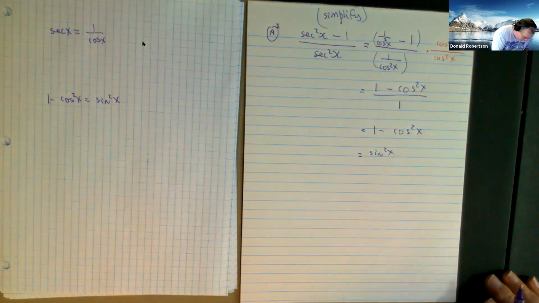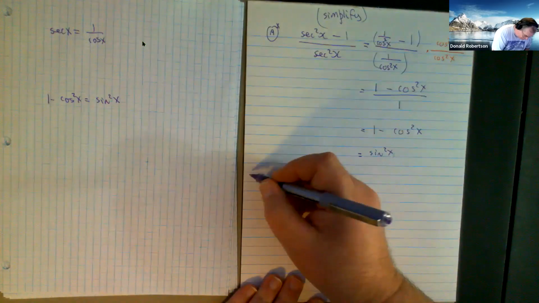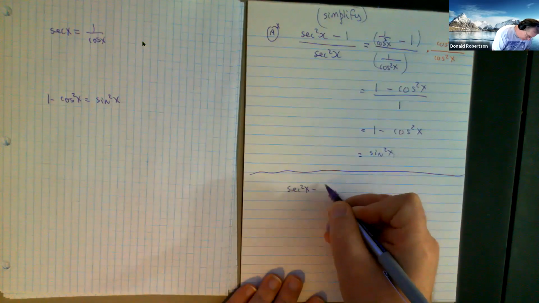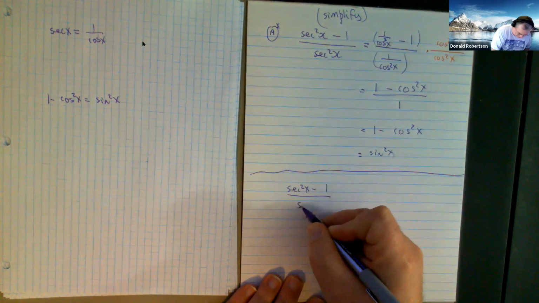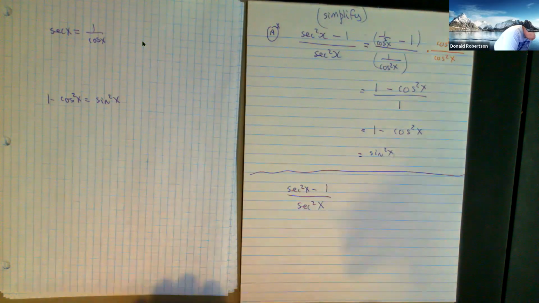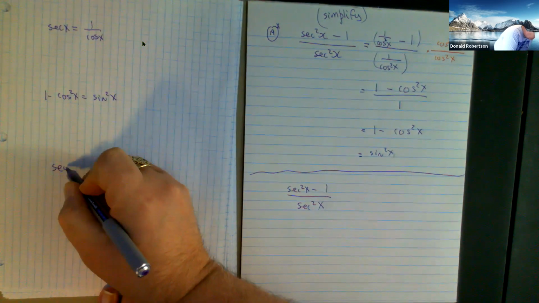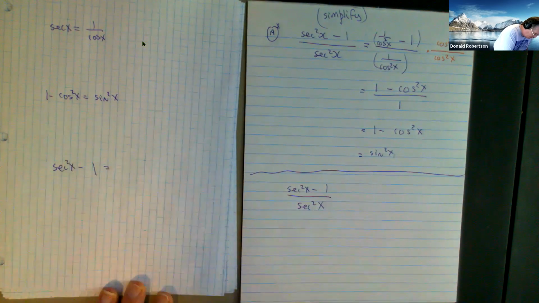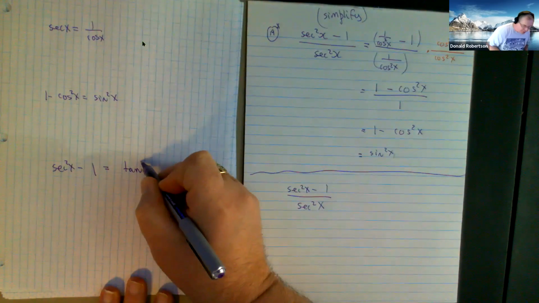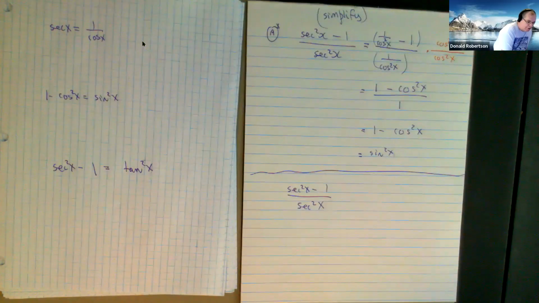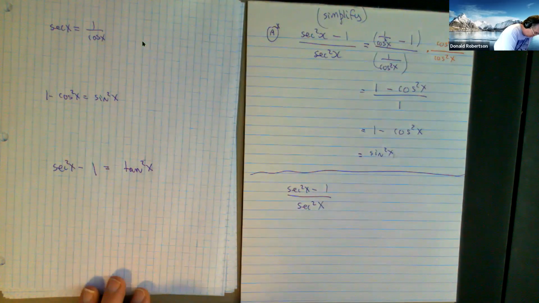Now, I said you could do this one other ways. So let's show you a different approach. I'm going to get the same answer, but just a different way of doing it. Secant squared x take away 1 is tan squared x. And there are other combinations of this.